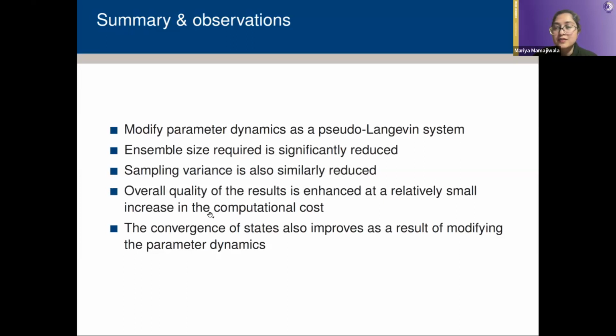And the overall quality of the results is also enhanced at a small increase in the computational cost. So the increase in computational cost will depend on the problem, but at least for this particular problem, it was about 20% increase in the cost of computation. And as I mentioned earlier, the convergence of states improves as a result of modifying the parameter dynamics as well.